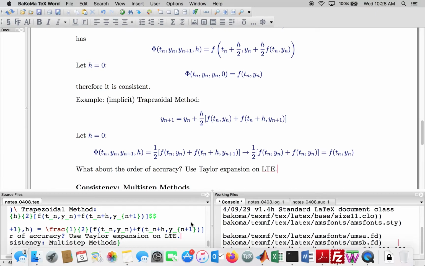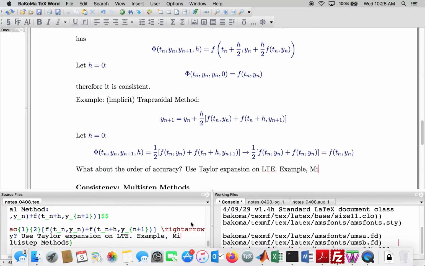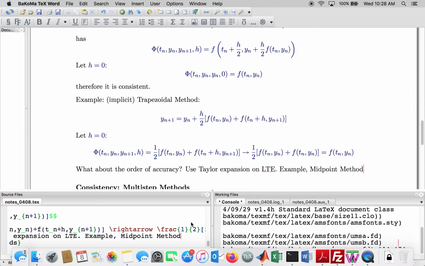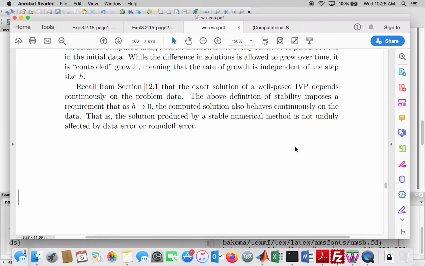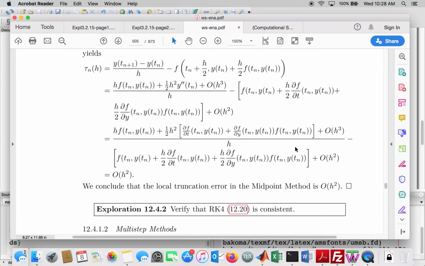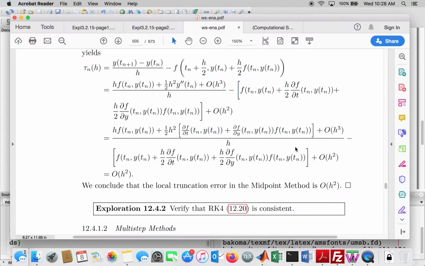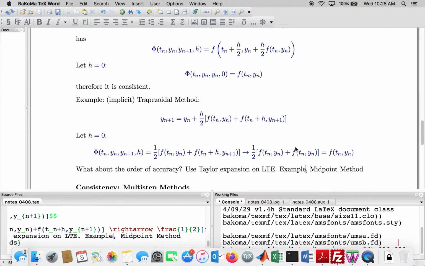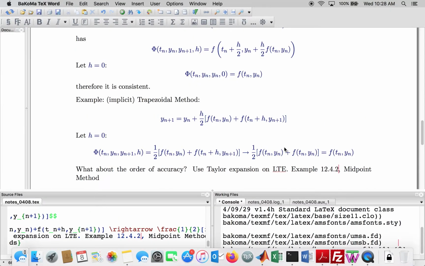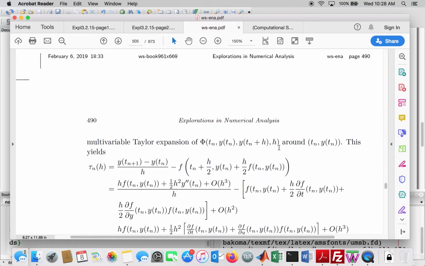So as an example, I'll show you this. What I'm going to do is take you through this.